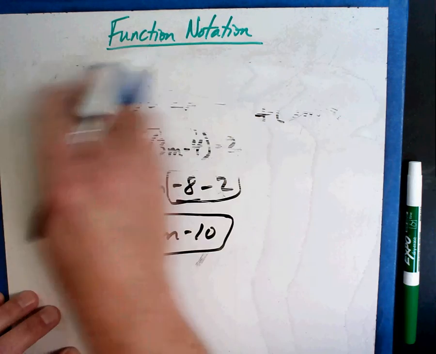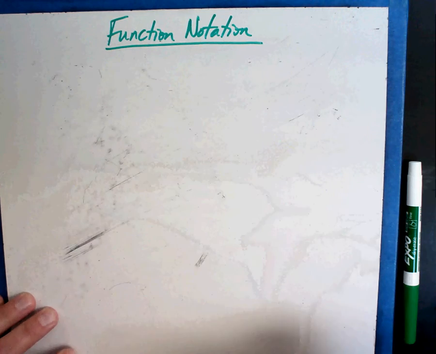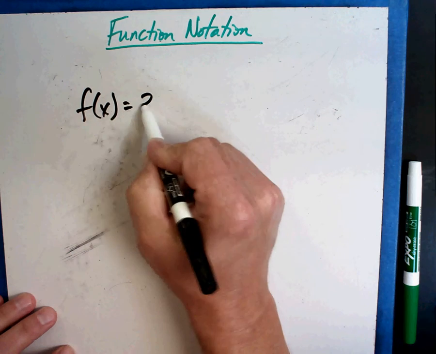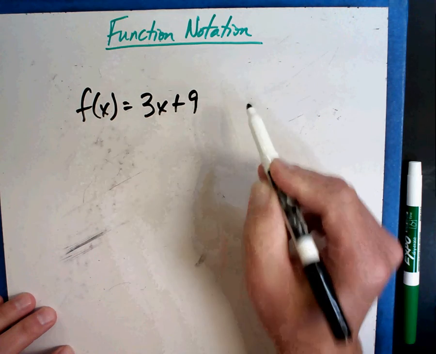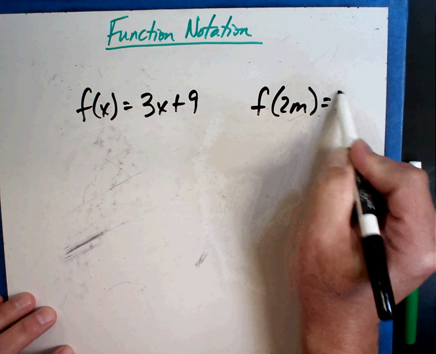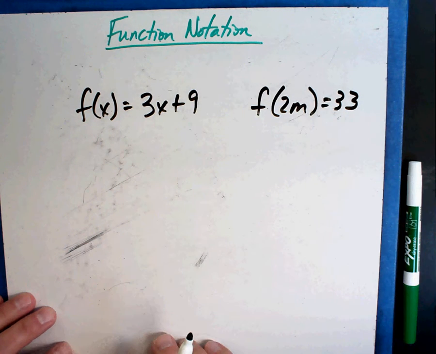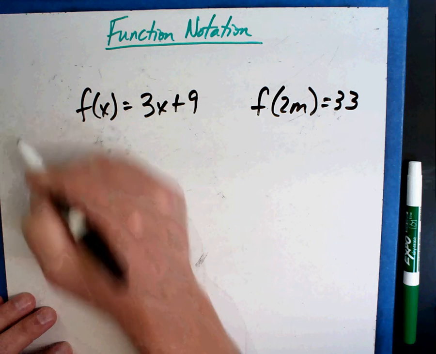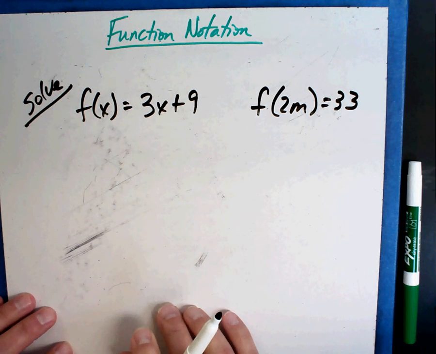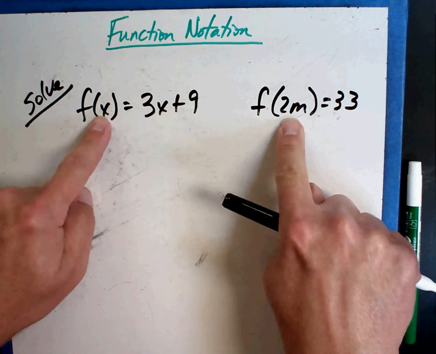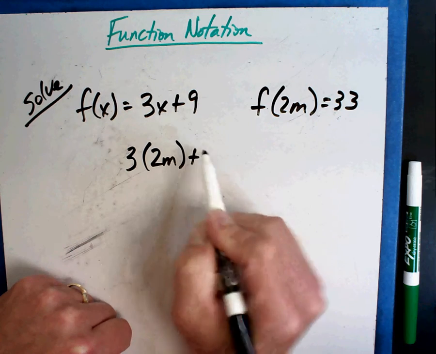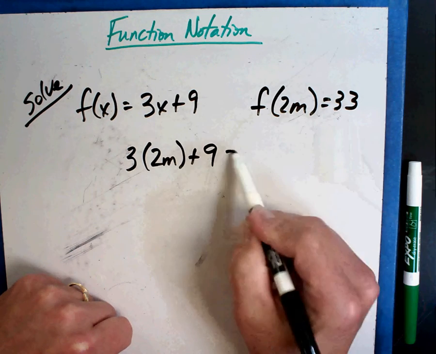Here's another one. Let's say they gave you a function that looks like this, 3x plus 9, and they say that the function of 2m equals 33. And they ask you to solve. So that means you're coming up with an answer. So doing what we just did, 2m is going to go in the place of x. So 3 times 2m plus 9, and they said it equals 33.